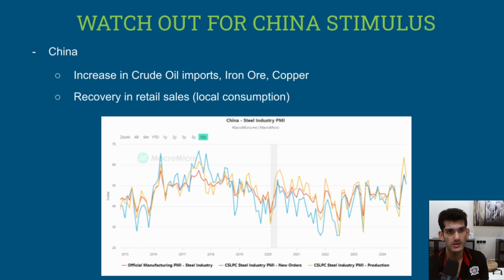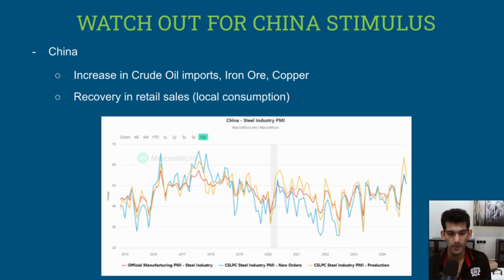We can also track the iron ore imports and other industrial metals like copper, aluminum, and so on. These would give us a very good idea of whether China is finally restarting its economic engine, more specifically when it comes to the industrial space. We've also seen a bit of a recovery in retail sales, which indicate that local consumption is now increasing.